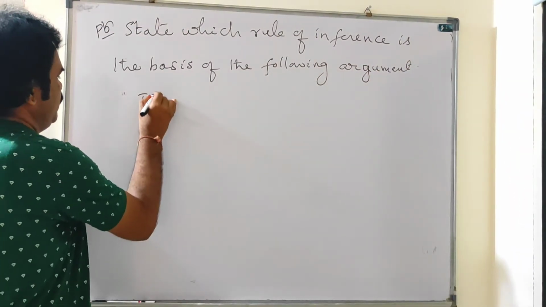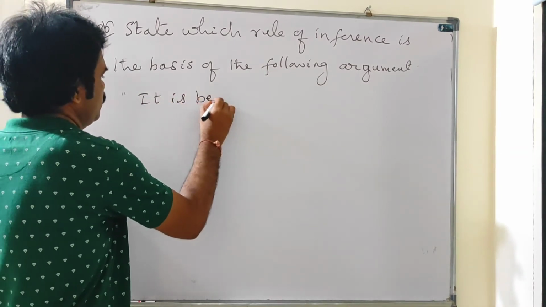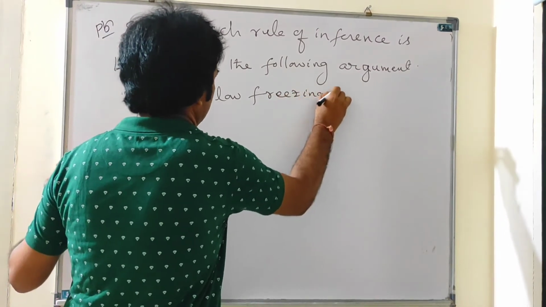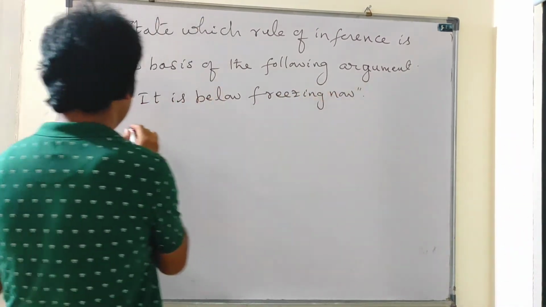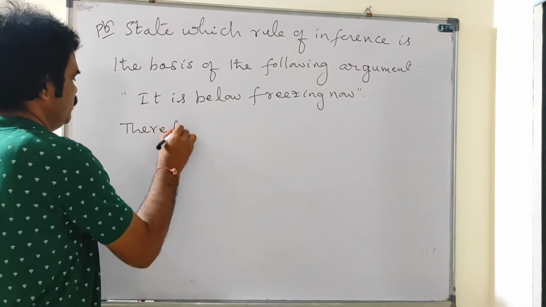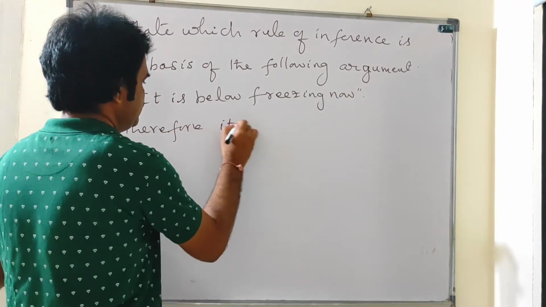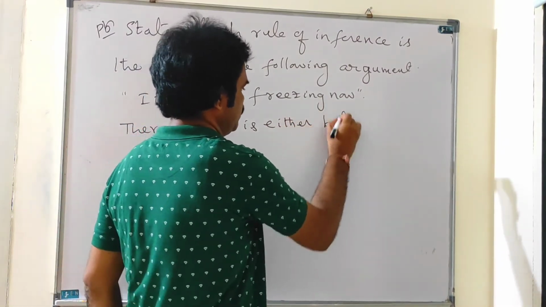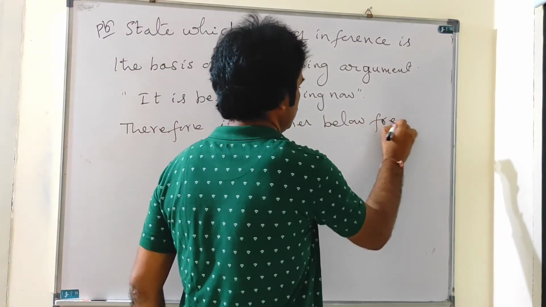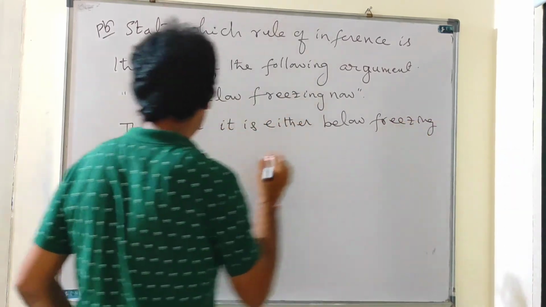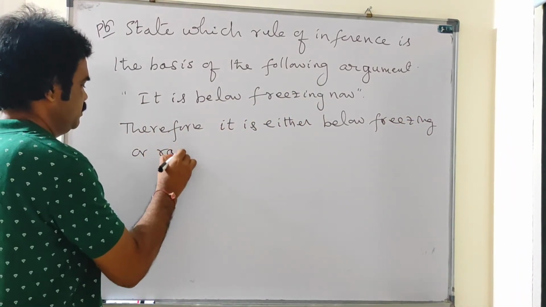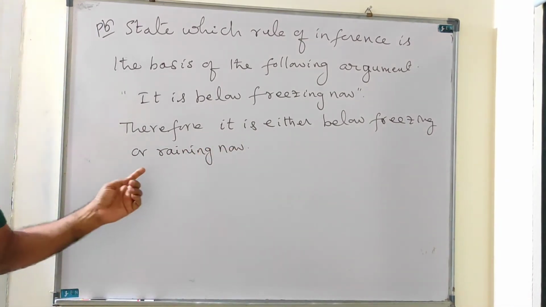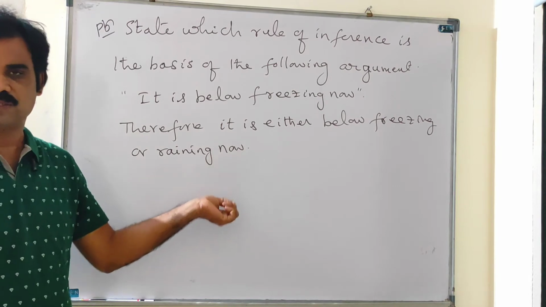Since it is below freezing now, therefore it is either below freezing or raining now. Now, which rule of inference is used in this argument?